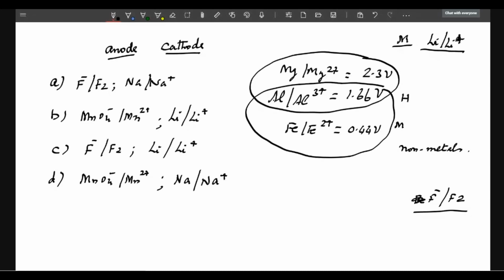Which electrodes will not change their character? Option C, sir.